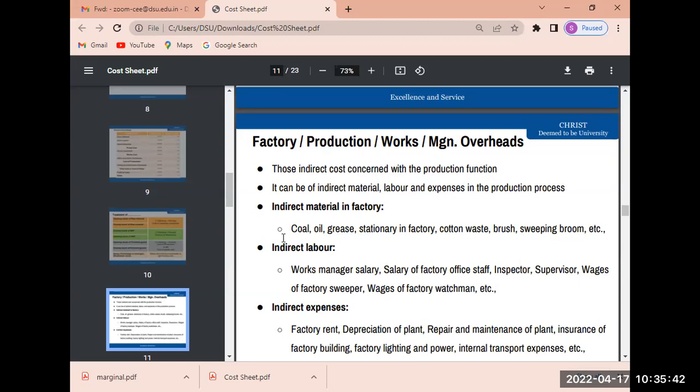Don't be confused about what a factory office is. If 100 employees are working, to take care of their attendance, timing, everything, there will be 1 or 2 members in a small office. Inspector, supervisor, wages of factory sweeper, wages of factory watchman, etc. come under indirect labor. So these are all factory overheads. Indirect expenses which may occur in the factory are factory rent, depreciation of plant, repair and maintenance of machine and plant, etc.